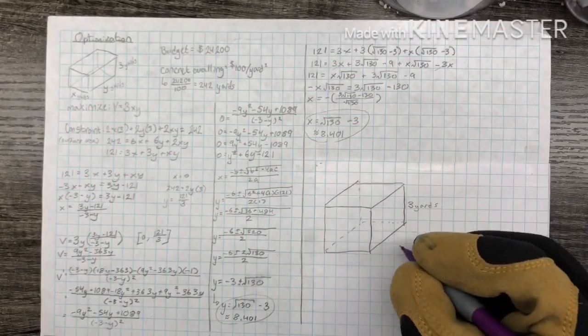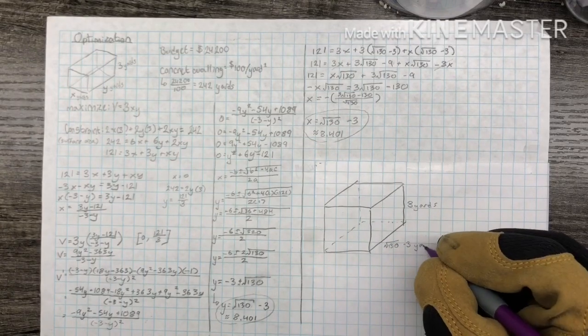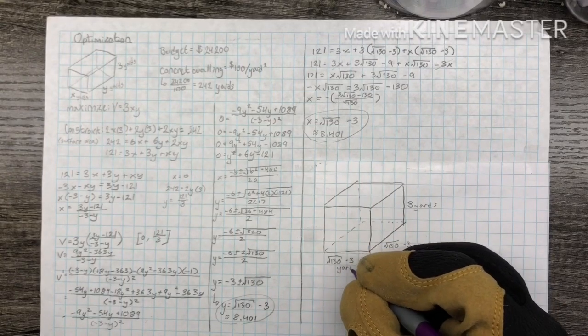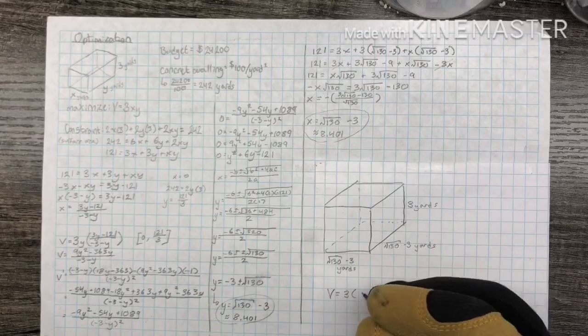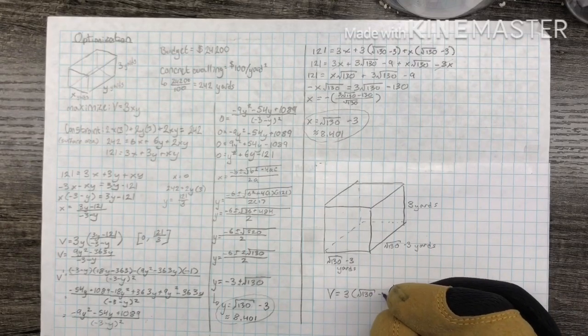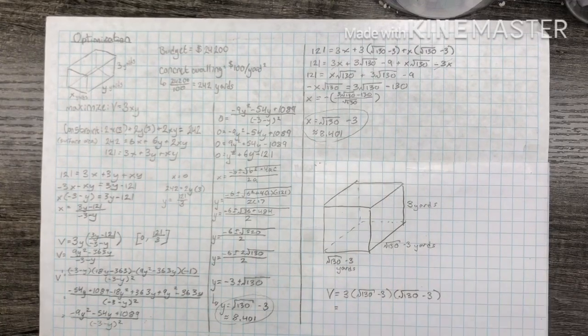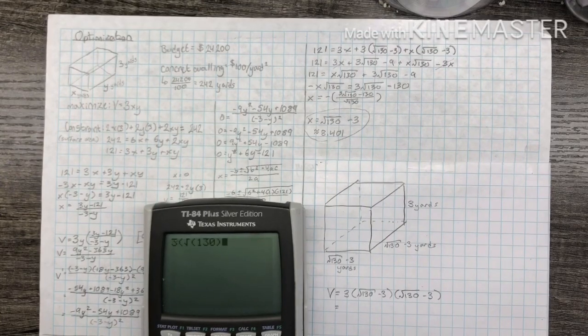We can bring this back to our model of the room by labeling our height, which is 3 yards, and our x and y distances, which are both the square root of 130 minus 3. And we can loop this all back to find the final optimized volume for the room, which is 3 times the quantity, the square root of 130 minus 3, times the quantity, the square root of 130 minus 3.